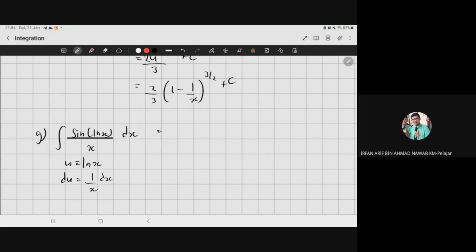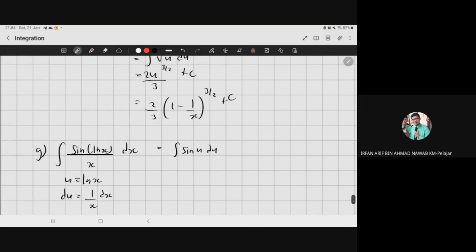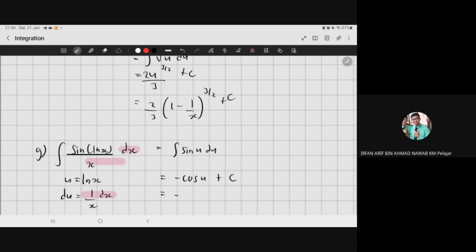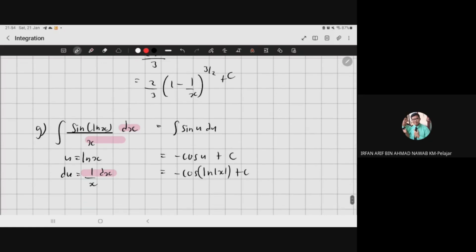As you can see, this is the same as this one, so from here on out, just solve it as usual, and there should be no problem. So that's the answer. Congrats.